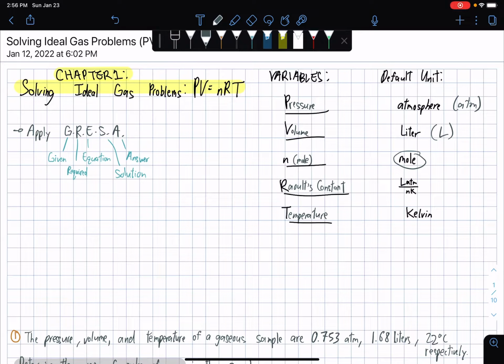Otherwise, your answer will be different because the computation only works when the quantities are based on the default units as stated here. So let's start with number 1. By the way, it says here in the instructions, apply GRESA. This is basically a technique for solving science problems that require the given, required, equation, solution, and the answer.